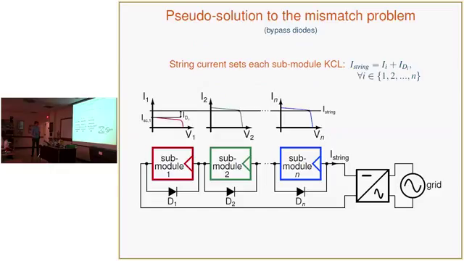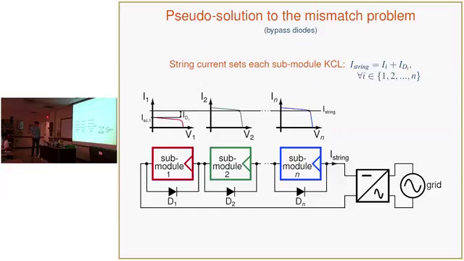And that's why we use bypass diodes. Bypass diodes prevent that from happening, because as soon as the string current exceeds the short circuit current of, say, submodule 1, the diode turns on because the voltage across it is 0. So then that diode starts to compensate for the excess amount of string current that is going through that submodule, right?